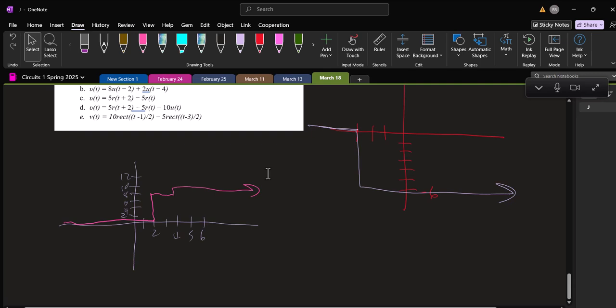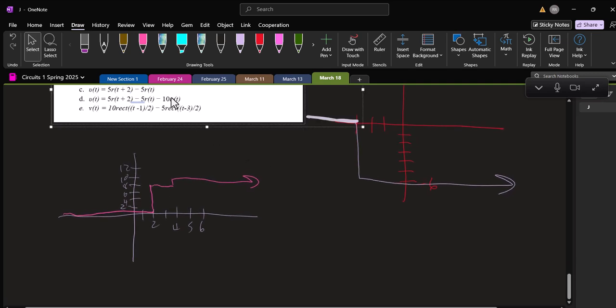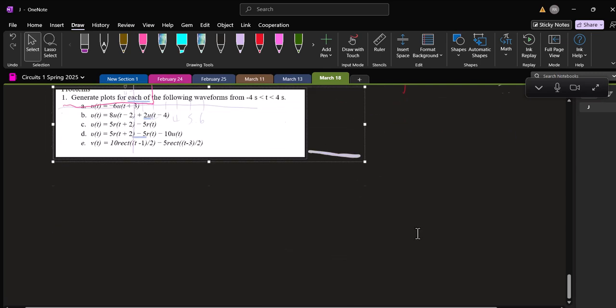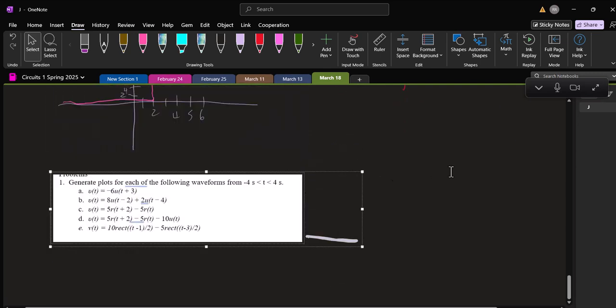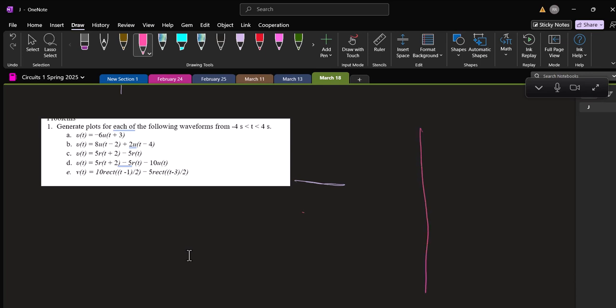Now, what ramp functions do, when you add and subtract ramp functions, what you're doing is you're changing the slope. And the slope is the number that is in front of the ramp function. And so for C, we have our first thing happening at -2. And at -2, we have 5 times the ramp function, so that's a slope of 5.